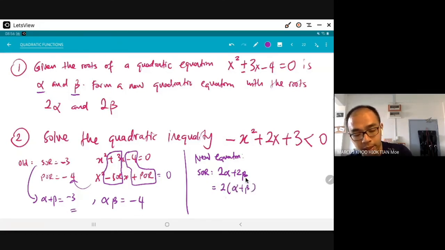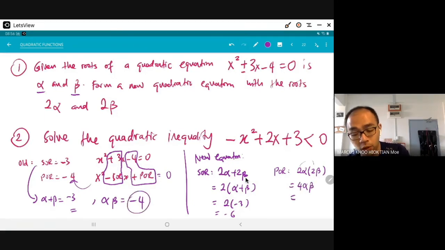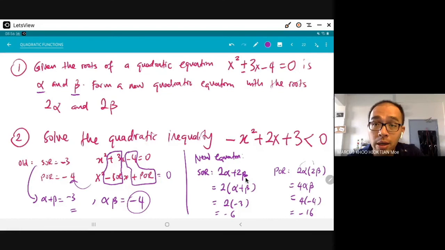Alpha plus beta is negative 3, so 2 times negative 3 gives negative 6. The new POR is 2 alpha times 2 beta, so 2 times 2 is 4 alpha beta. Alpha beta is negative 4, so that gives negative 16. So you have the SOR negative 6 and the POR negative 16.